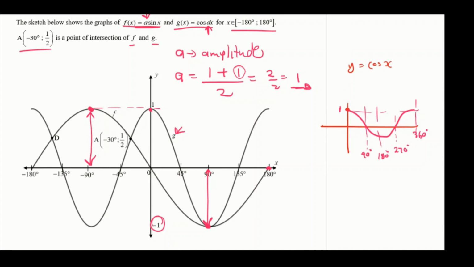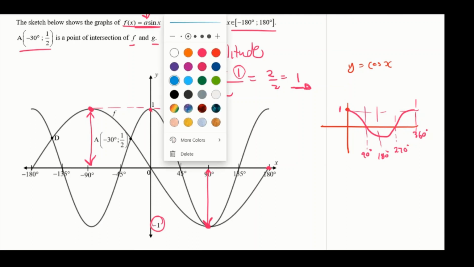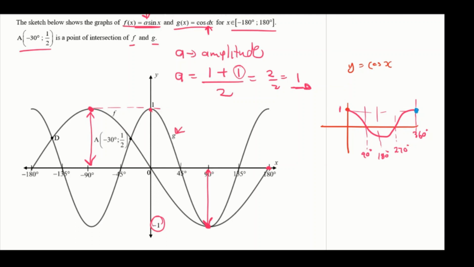So what I want you to look at is where the graph ends. The graph ends at 360, the normal value of x where the graph ends. But according to this g of x, it ends at 180. So it means that the normal value of x was divided by 2.